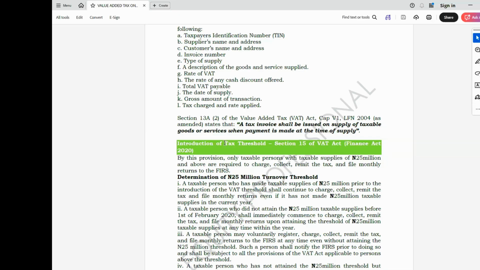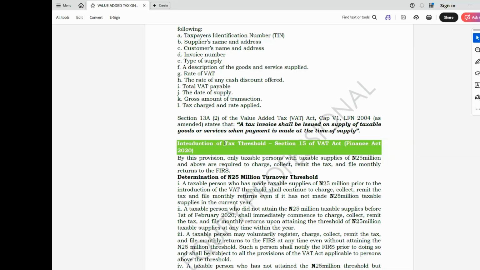This 25 million we are looking at is per annum, throughout the accounting period of a taxpayer. You don't know what is going to happen. We are now in March, I don't know what is going to happen by February, whether I'm going to receive an order that is going to make me more than 25 million naira. So I cannot say, okay, now I'm not going to be charging VAT.